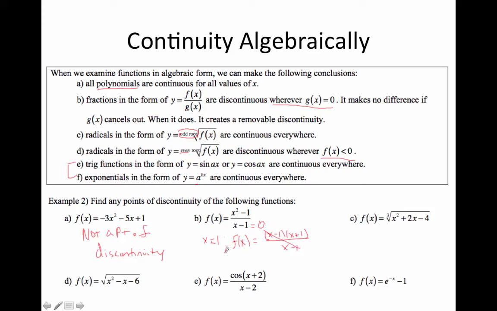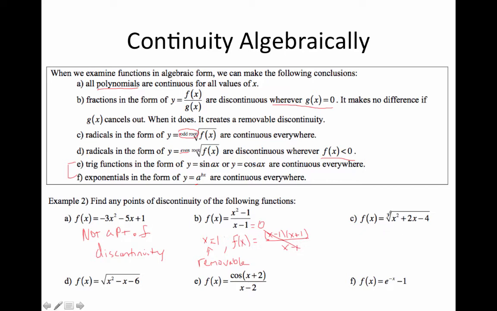Since we can cancel out that x minus 1 factor that made the bottom 0, it's still not going to be continuous at 1, but we can be a little bit more specific, and we can say that that discontinuity is going to be removable. There'll be a hole at 1. In fact, this graph will graph just like the line y equals x plus 1, except there will be a hole at 1, too.